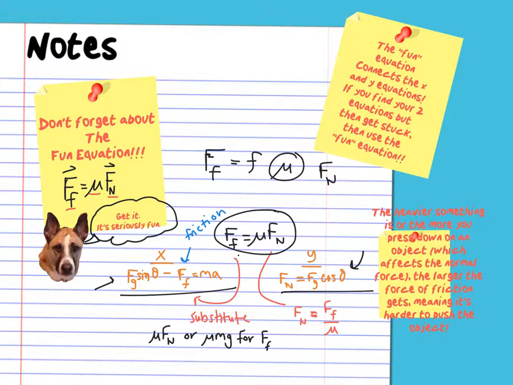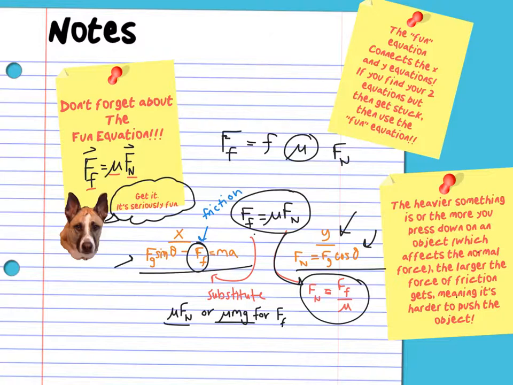So if you're looking at your y equation, you can substitute the normal force, and all I did was divide both sides by mu. That's how I got this equation right here. So you could substitute that, or you could take your force of friction here and substitute mu Fn or mu mg, because mg equals the normal force in this problem. And you could substitute those for your force of friction. And this way you can solve for whatever variable you need.